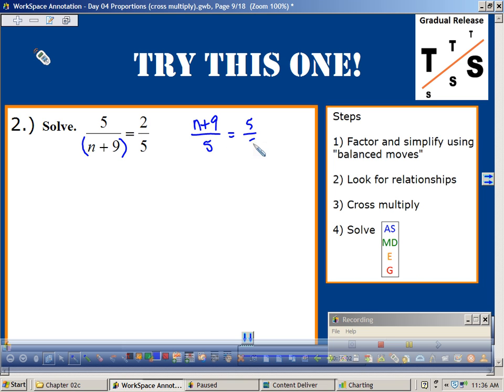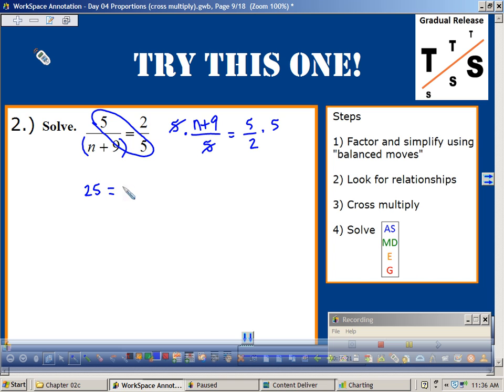That's one approach. Then multiply both sides by 5. We could do that. Or I could just cross multiply right from the get-go.